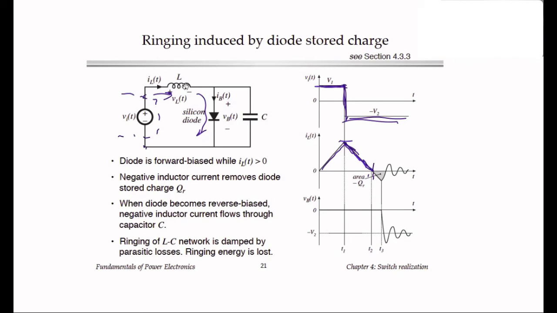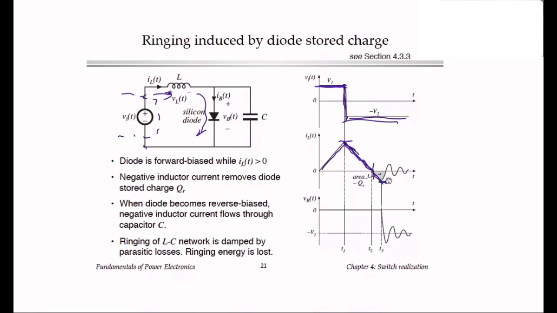Just because the inductor current is 0 doesn't mean the diode turns off. We have to first remove its stored charge, and that takes some time. So during the reverse recovery time the diode stays on. It maintains its same forward voltage drop, and so we have the same negative voltage across the inductor, which continues to charge the inductor current negative.